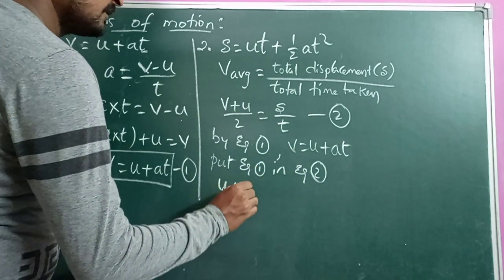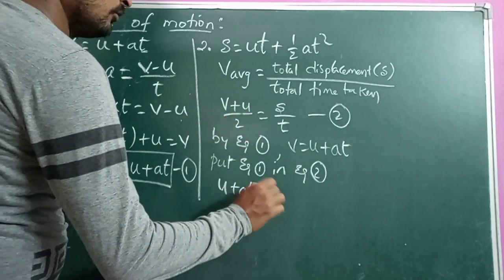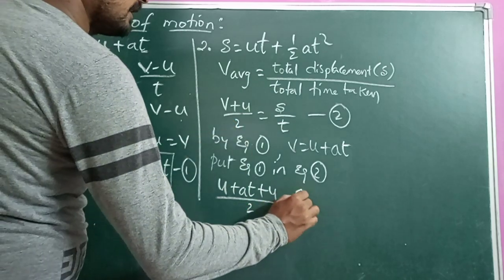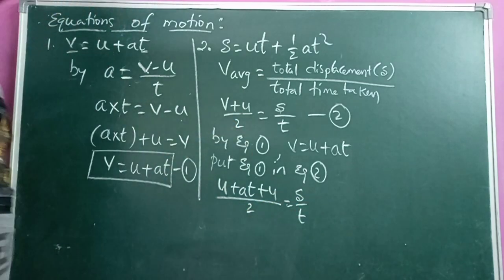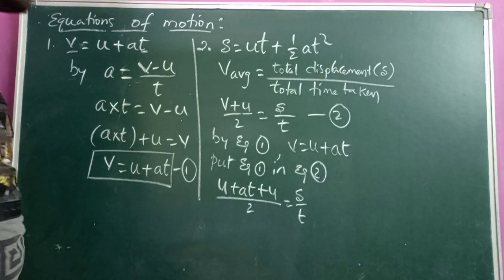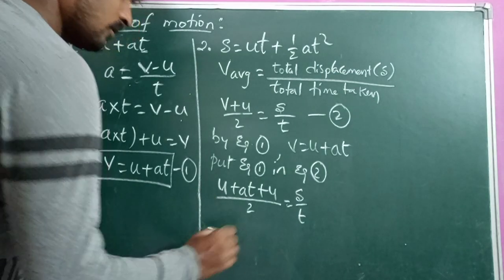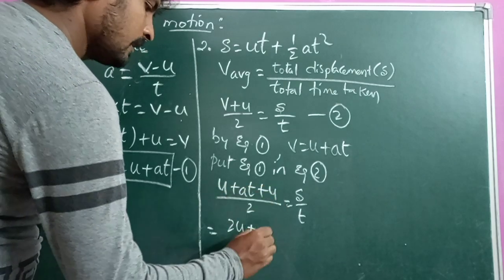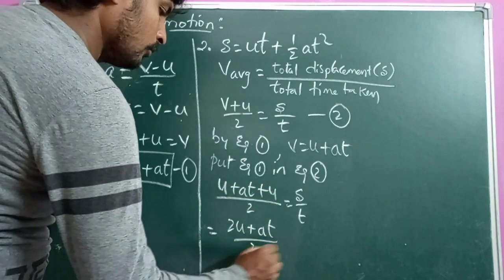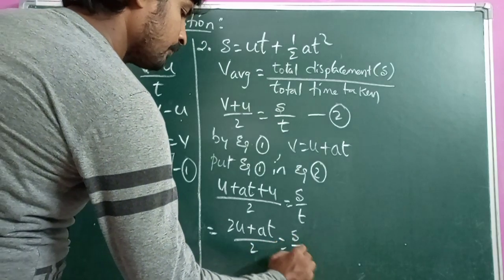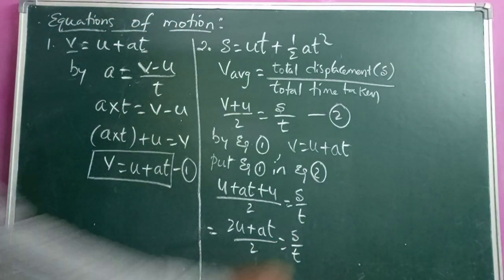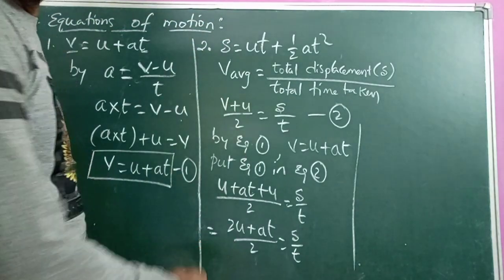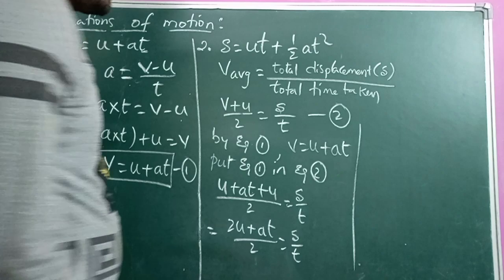So U plus AT plus U by 2 is equal to S by T. So U plus U, 2U plus AT by 2 is equal to S by T. So write that denominator 2 separately.